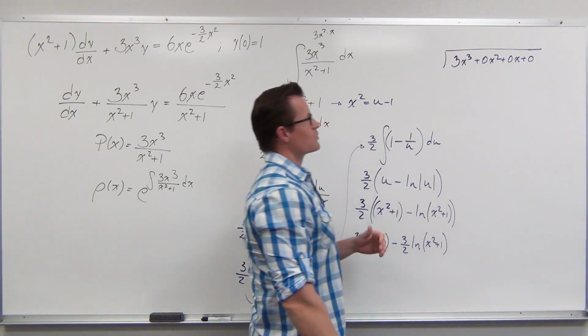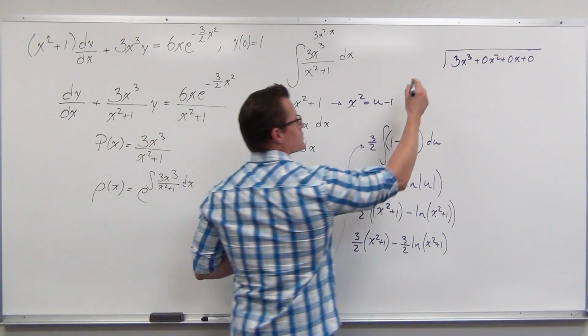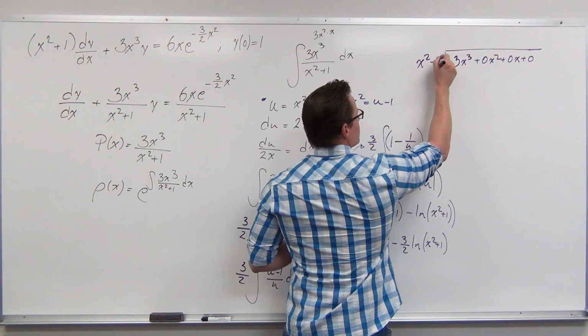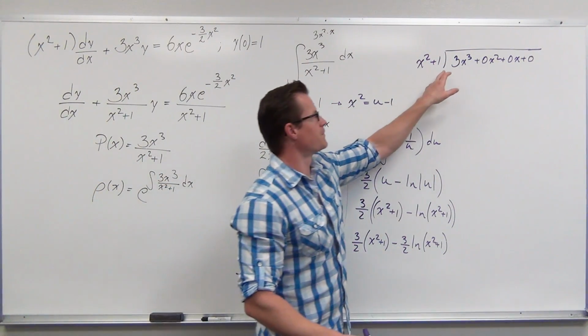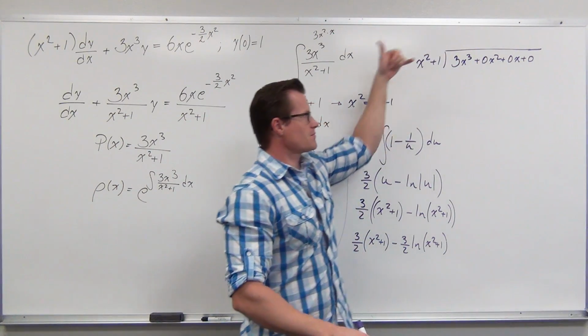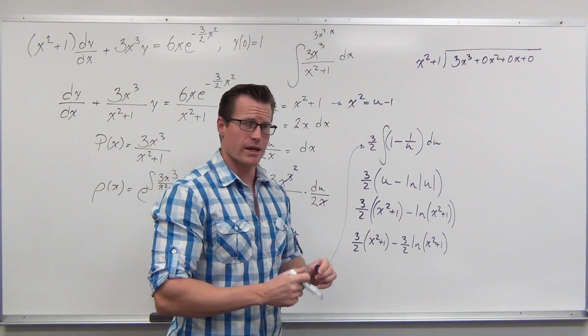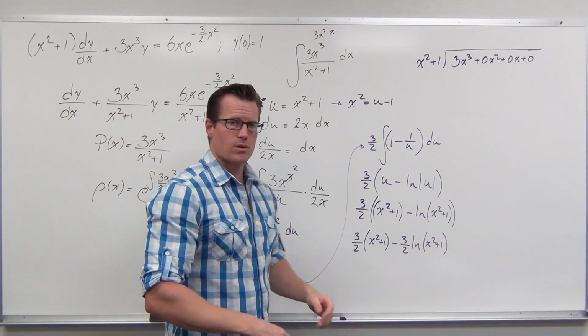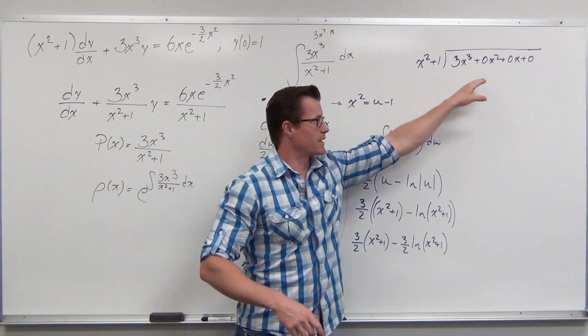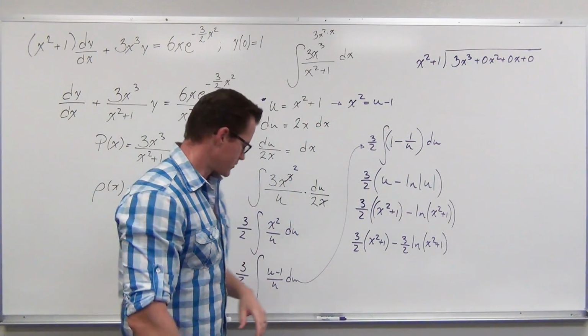The reason is that when we start dividing by x squared plus 1, we need some place value holders, because when we start distributing by whatever our result is, we're going to start multiplying by x squared and by 1. We're going to start getting back some powers of x that aren't x cubed. We're going to get x squareds or x's, and we need to have a place for that.